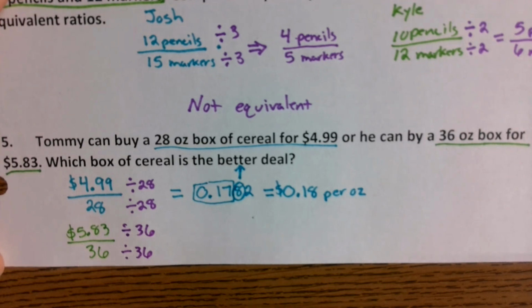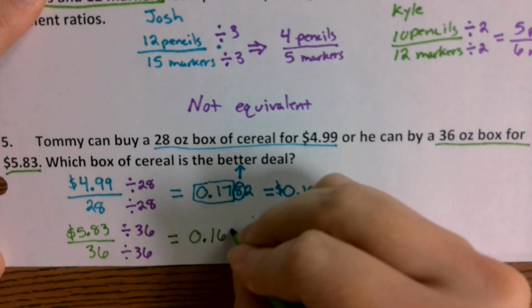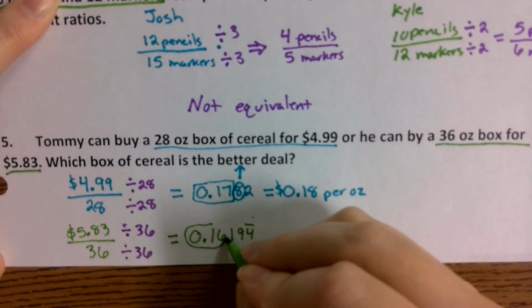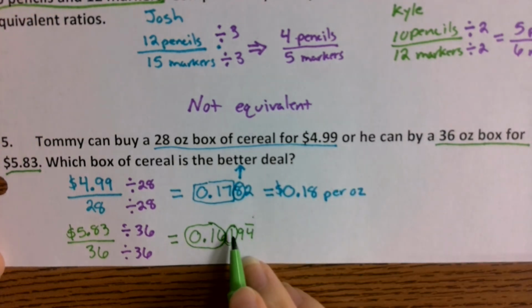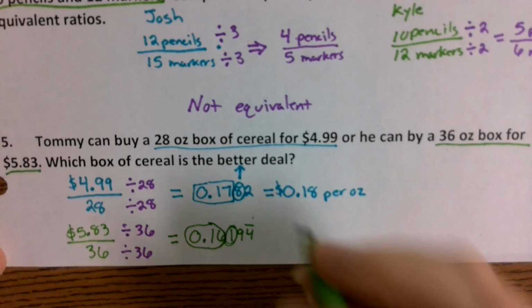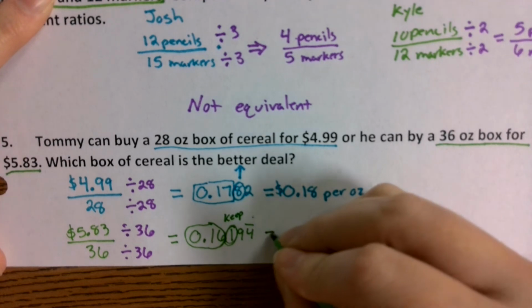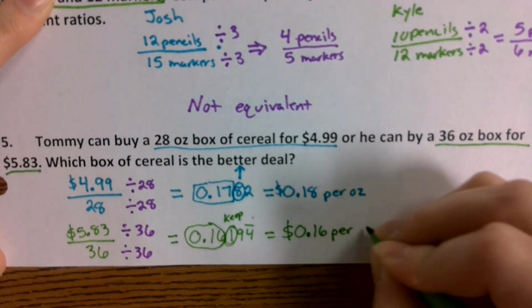And that's going to come out to 0.1619, and the 4 repeats. Again, the 0.16, that's the money. We look at the number directly behind it. Are we going to keep it or round it up? Keep it. So that comes out to 16 cents per ounce.